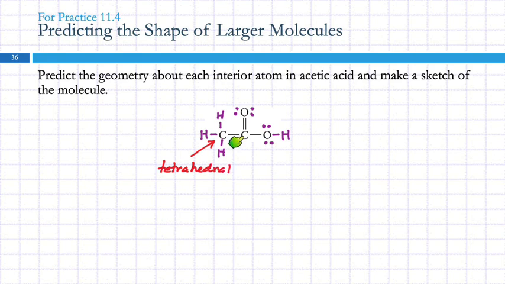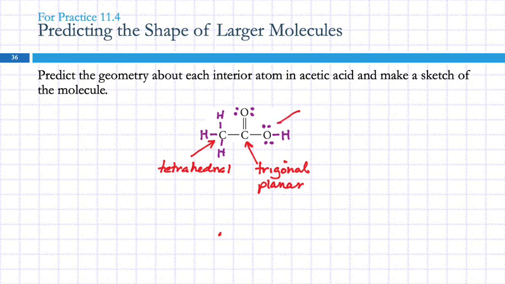What about this carbon in the middle? How many electron groups? 3. A double bond is 1 group. What do 3 balloons make? Trigonal planar, a flat triangle. Are there any lone pairs? No. So that one's trigonal planar.